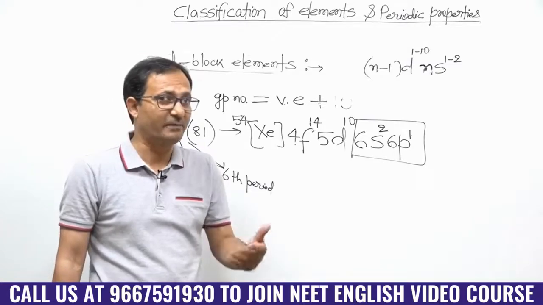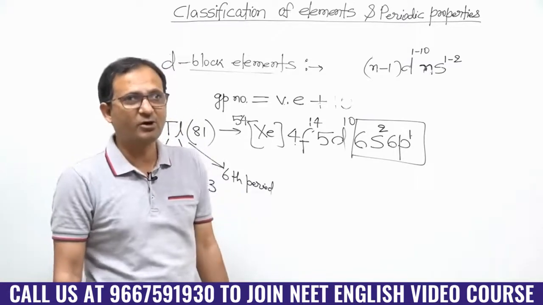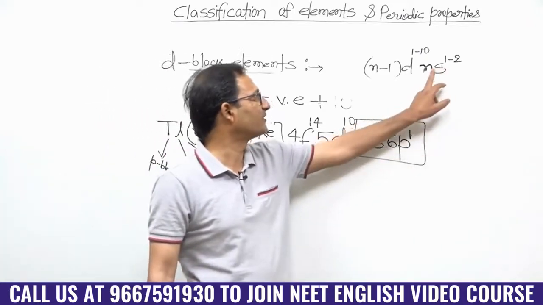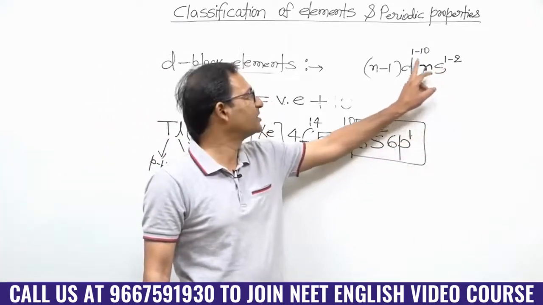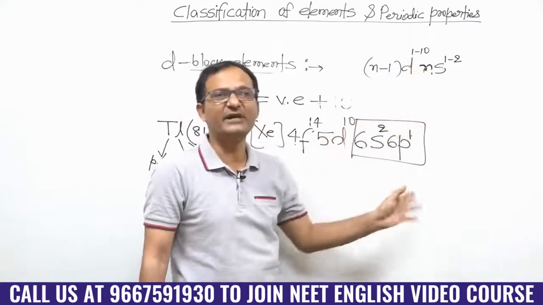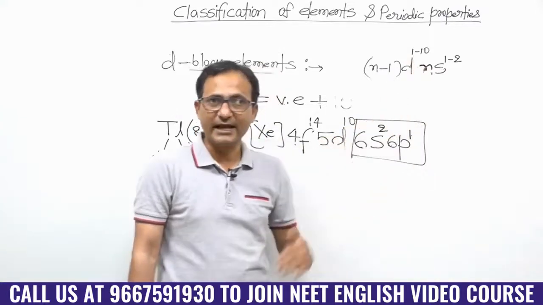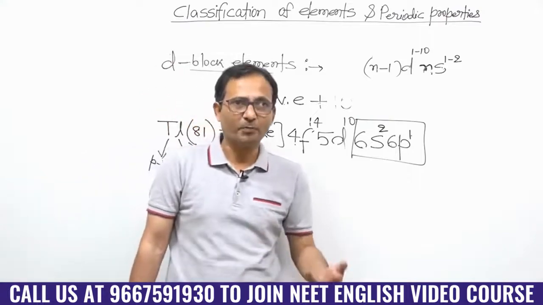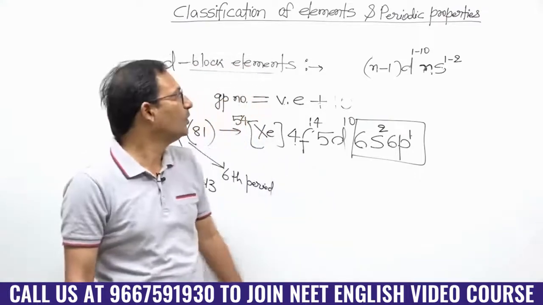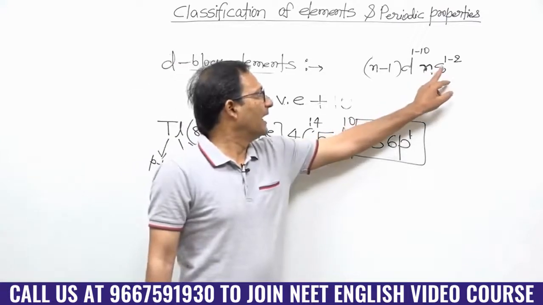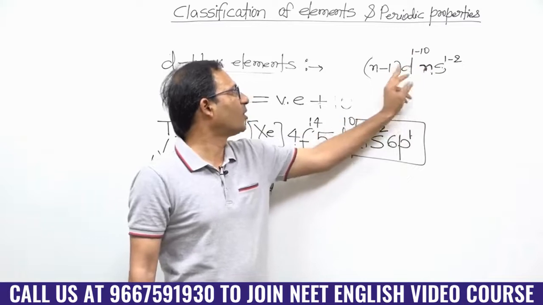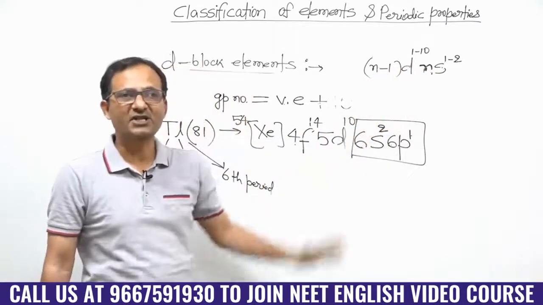Therefore, in case of d block elements, valence electrons will be equal to sum of electrons of s of the outermost shell and d electrons of the penultimate shell, and therefore in case of d block elements, group number will be equal to s electrons plus d electrons of the penultimate shell.